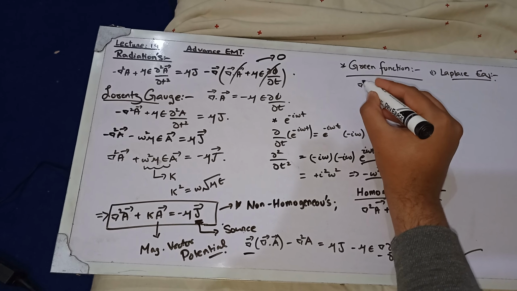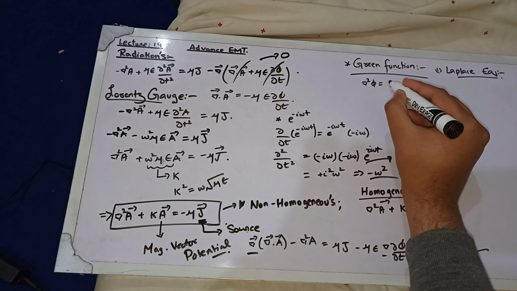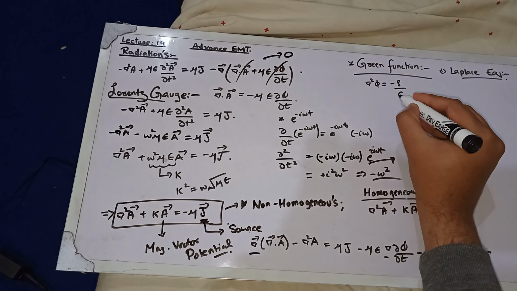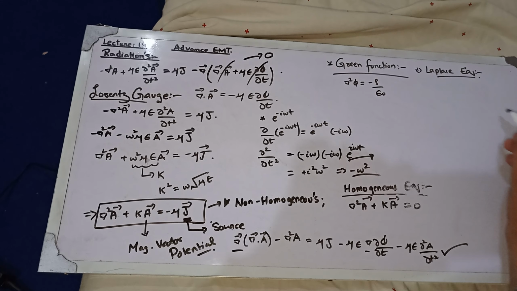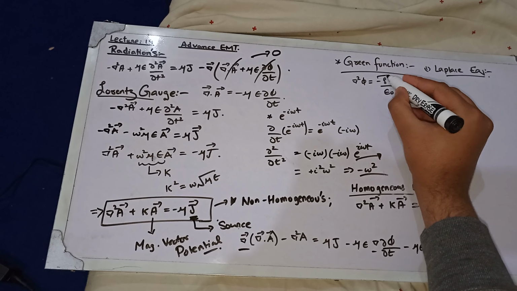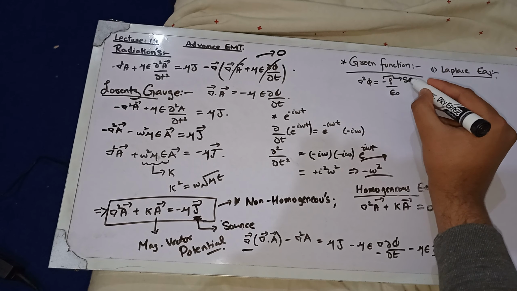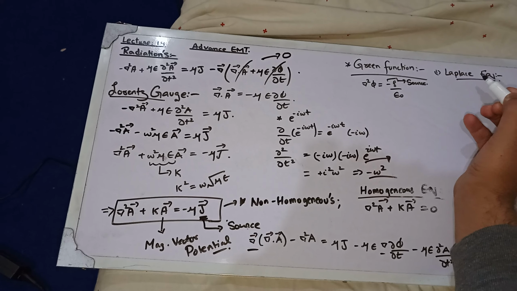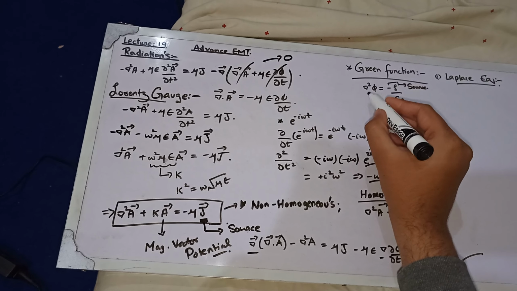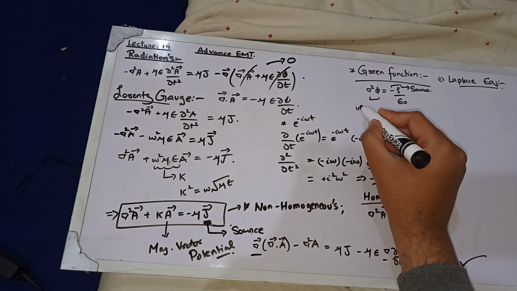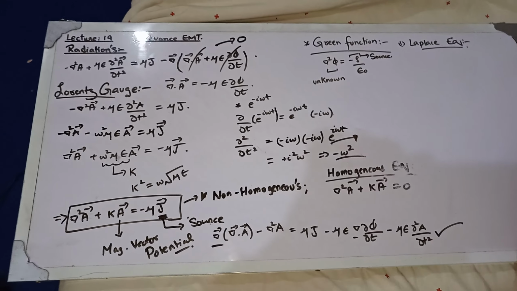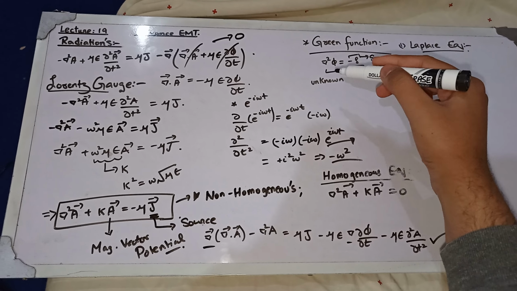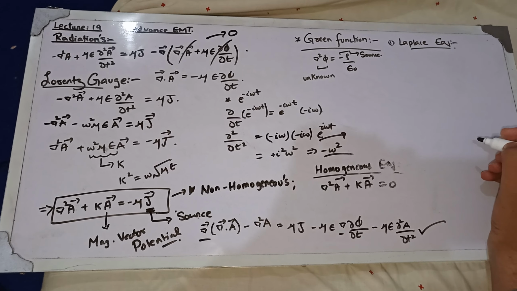You know that del square phi equals minus rho by epsilon naught. This is your Laplace equation. In this, the right side is basically the source term, and this is the unknown term.